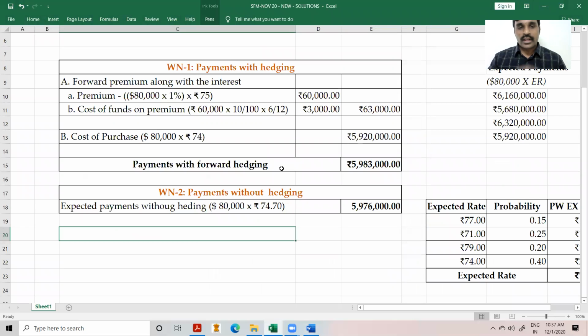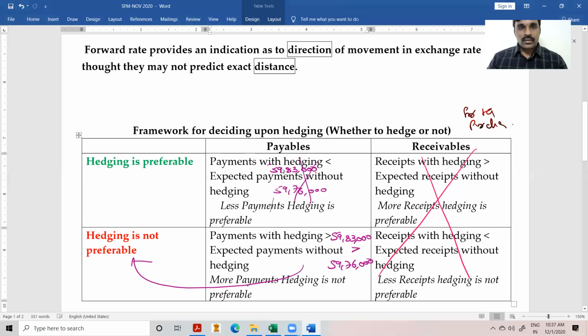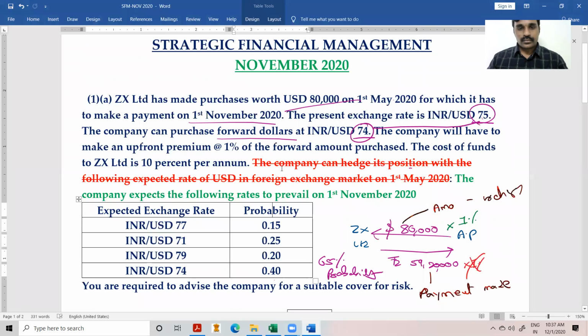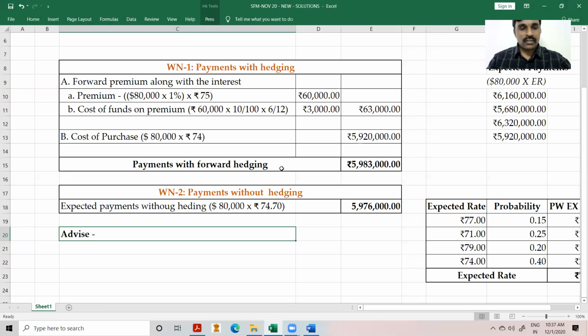So therefore, here you have to write this point clearly, this is our advice. What is our advice?